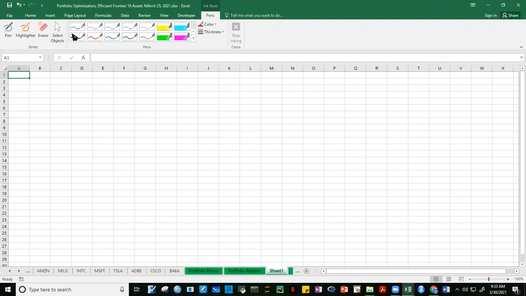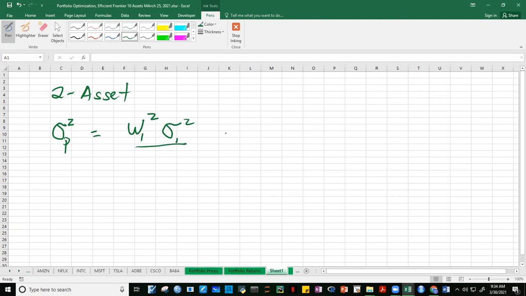Can you see the screen? Excel screen? Yes, sir. Okay, so you're saying that the variance of a portfolio, can you see me writing? Yes, sir. Okay, it's equal to two asset portfolio muna tingnan natin ha. Two asset portfolio. It's the weight of the first asset squared times the variance of the asset, di ba?